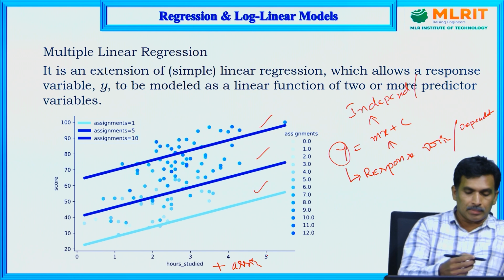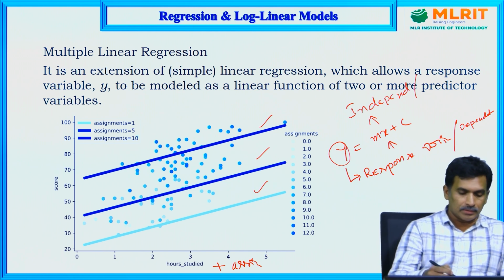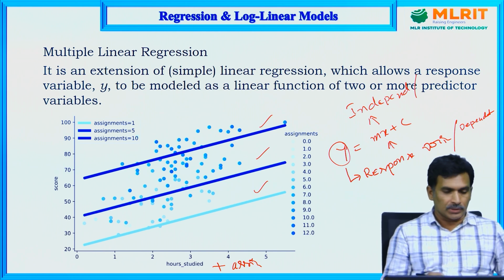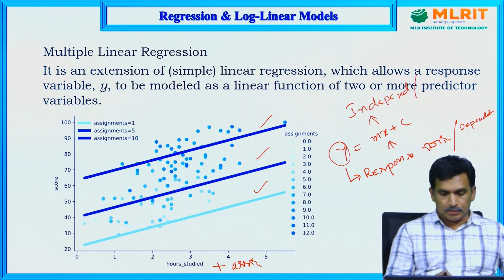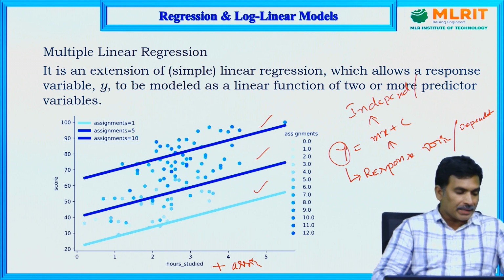For each assignment mark there is a separate regression line, which depicts the correlation between the one response variable and two or more predictor variables.